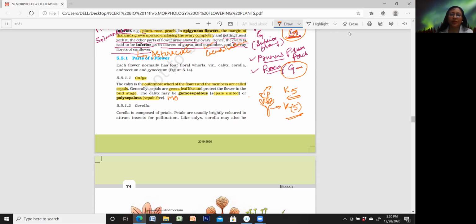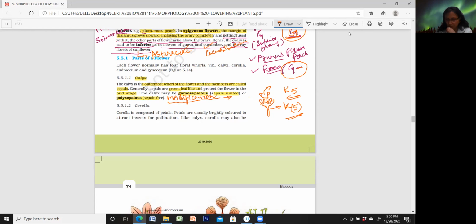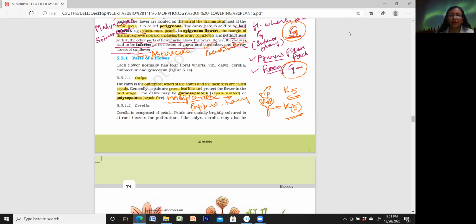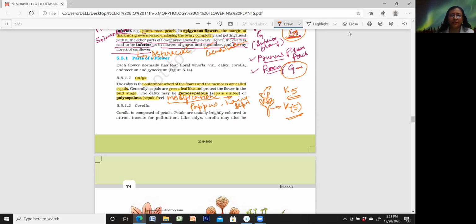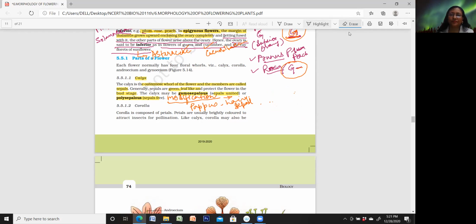But before we go to corolla, in calyx, since some modifications are very important, and I don't see a particular modification given here, let us do sepal modification called as pappus. Pappus is a hairy sepal condition, and it's very characteristic of the sunflower or the family Asteraceae, which I was telling you just now.